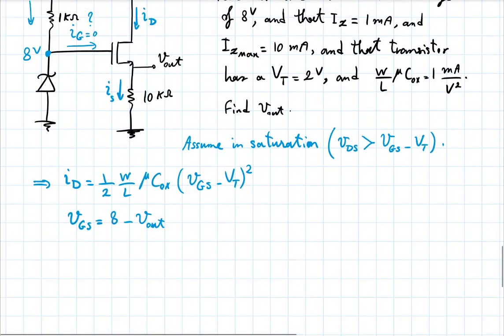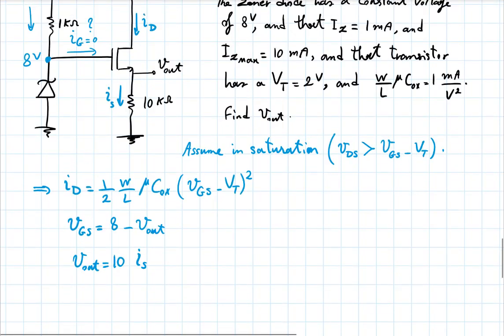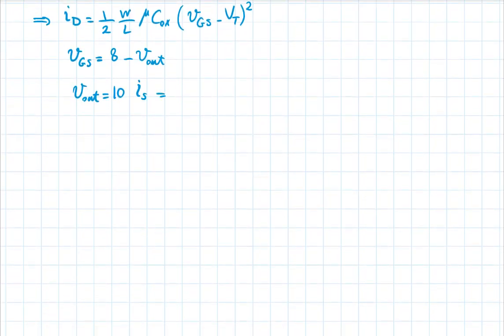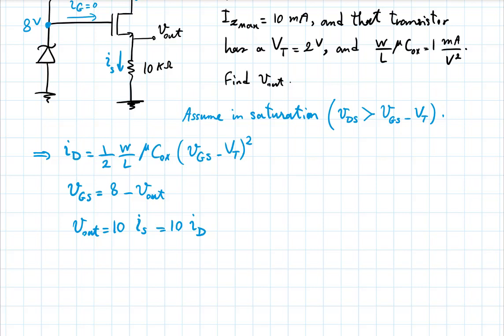And at the same time, I know that V out is 10K times IS, and IS is the same as ID by KCL.